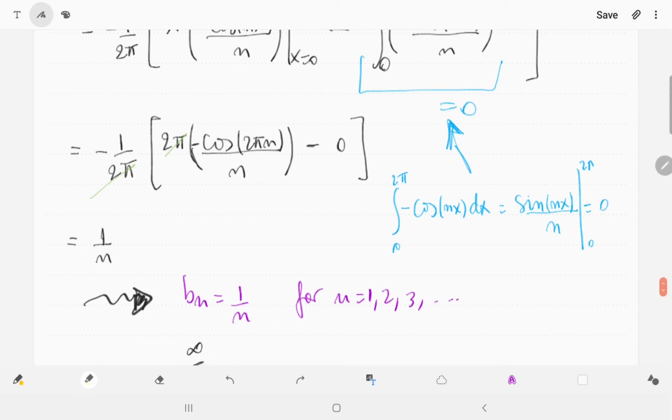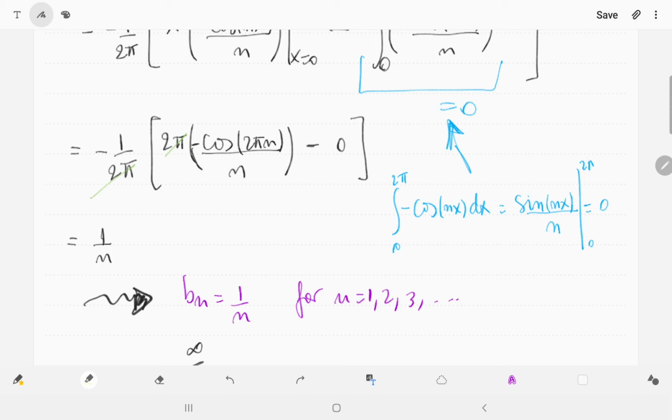So then what we have here is 1 over n, and observe that cosine of 2 pi n, no matter the n, is always equal to 1. That's why we finally get bn equal to 1 over n for every n.